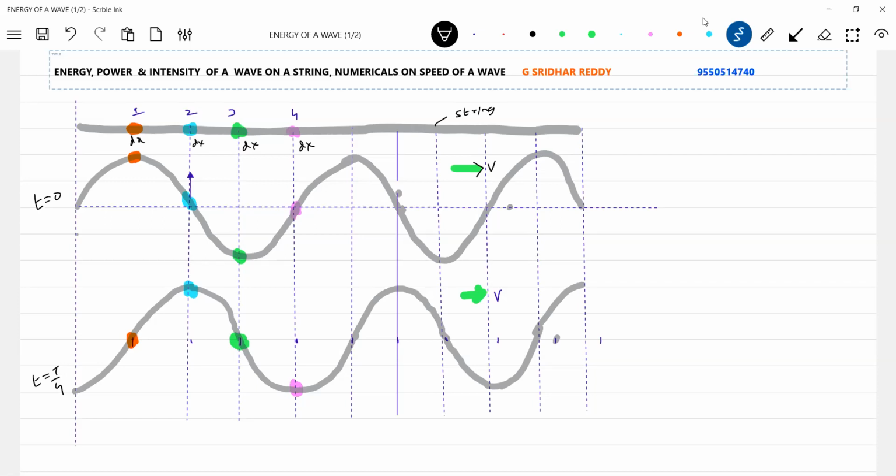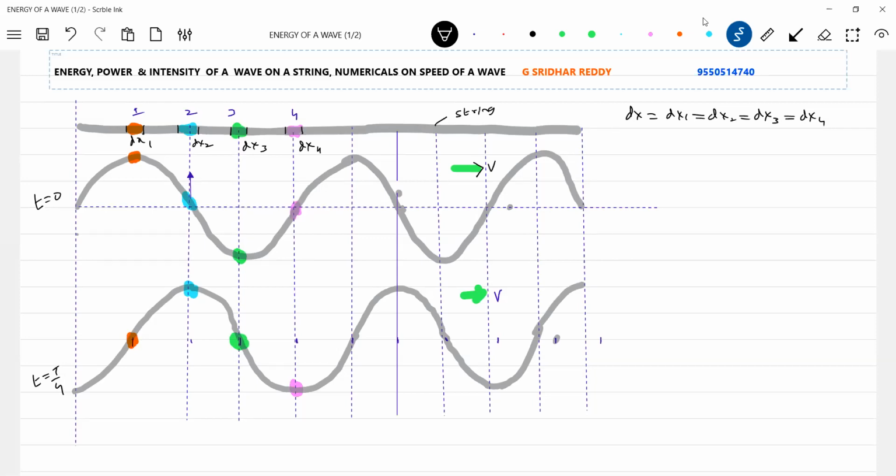It may not appear so in the diagram, but in fact all the lengths are the same. Let me write dx4, dx3, dx2, dx1. So in fact, dx equals dx1. Initially, I have picked up all identical elements.